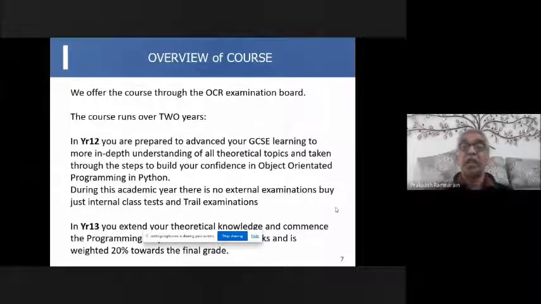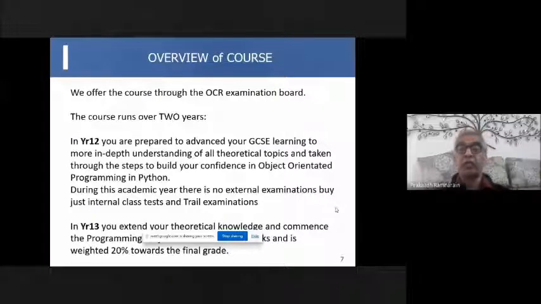The course, as I mentioned before, is a 2-year course done in Year 12 and Year 13, but it's a linear qualification. There's no more an examination at the end of Year 12, but there's only one examination at the end of Year 13.